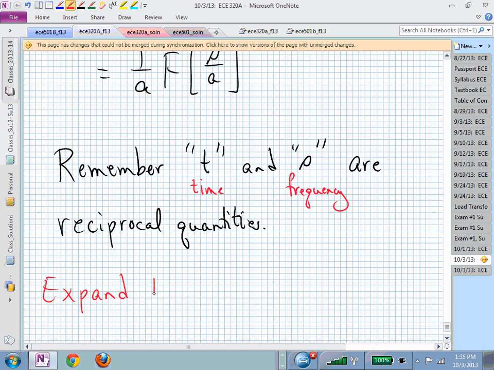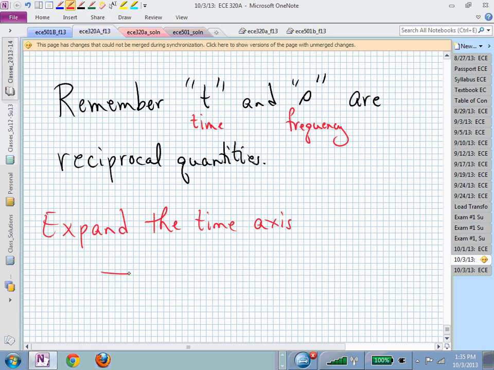If you expand the time axis, you stretch it apart, then what happens to the rate of change? Your frequencies get lower, don't they?